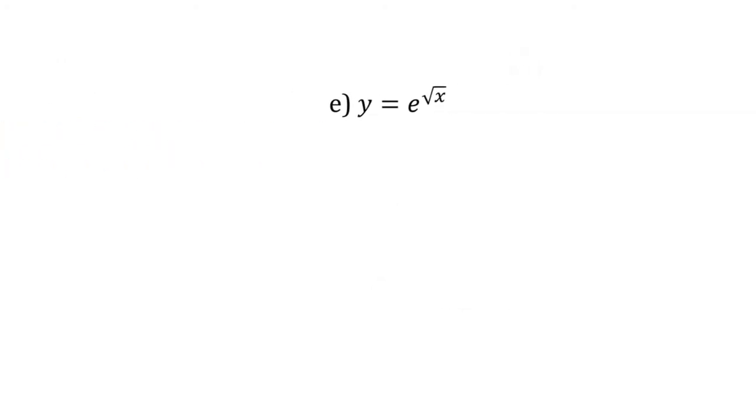Okay, dy by dx equals, I'm just using that to change up the notation. There's no real reason behind that. e to the root x. What is the derivative of root x? 1/2 x to the negative 1/2. Because don't forget the square root of x is x to the 1/2, right?